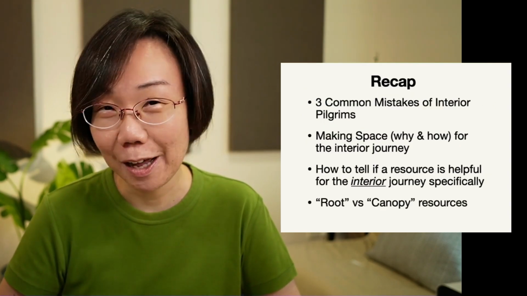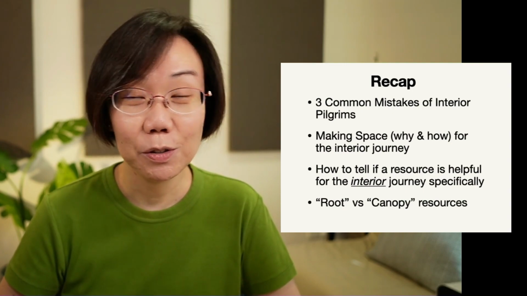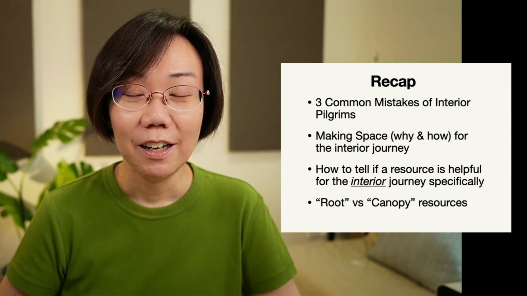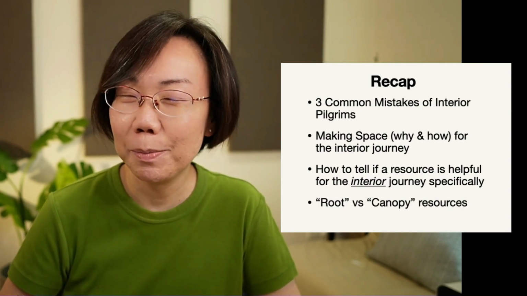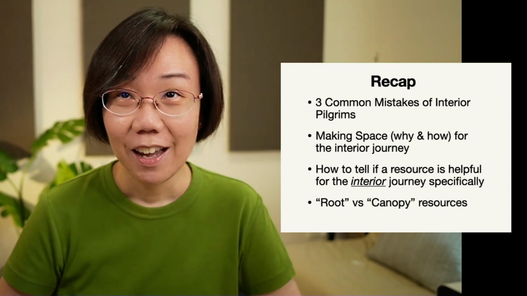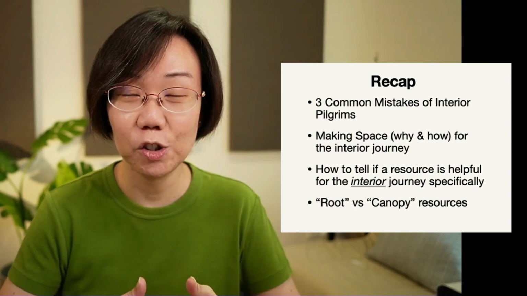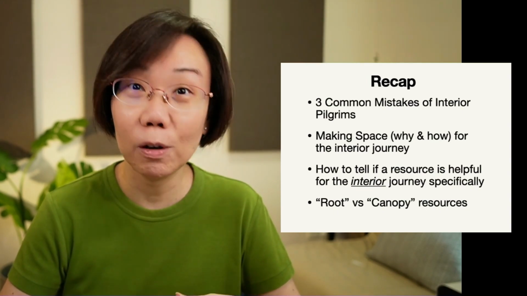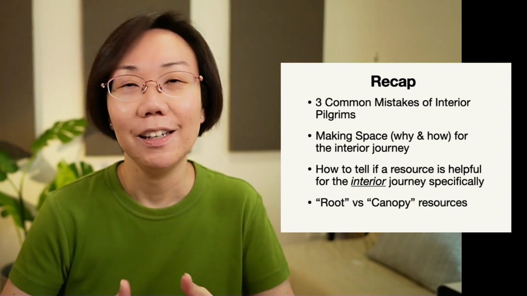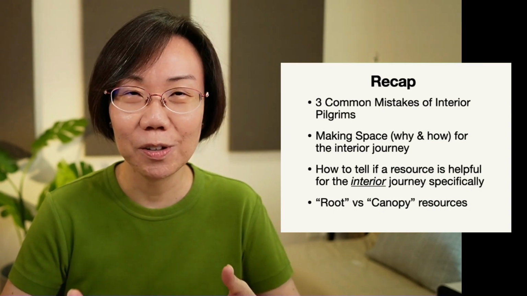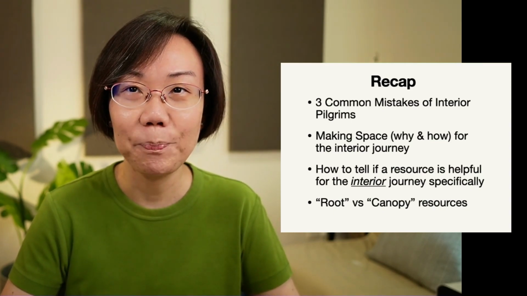So just to recap what part 1 to 4 in the series have covered, I talked about 3 common mistakes of the interior journey and about why making space for the journey itself is such an important and overlooked resource, or a skill that we need to pick up on.